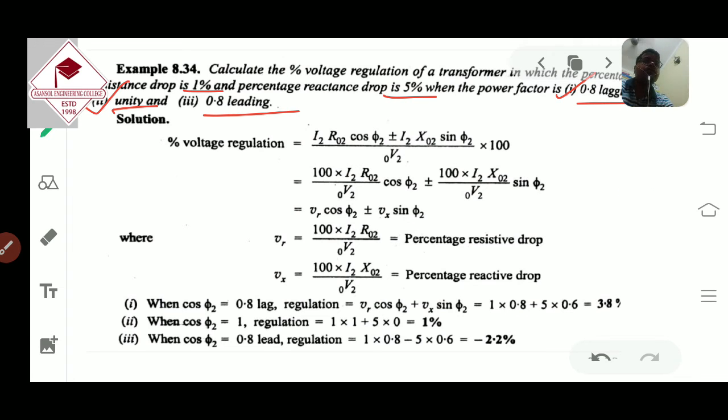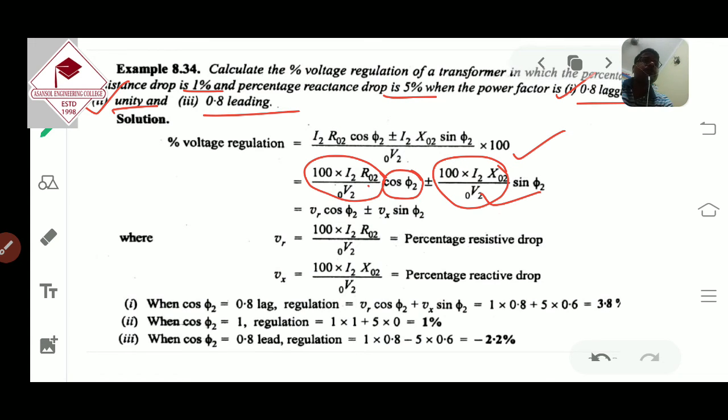See, the formula for percentage regulation has been written clearly. This part is given: this is the percentage resistive drop and this one is the percentage reactive drop. And cos phi 2 is given. So there are three cases: one for 0.8 lagging power factor, two for unity, and third for 0.8 leading power factor.